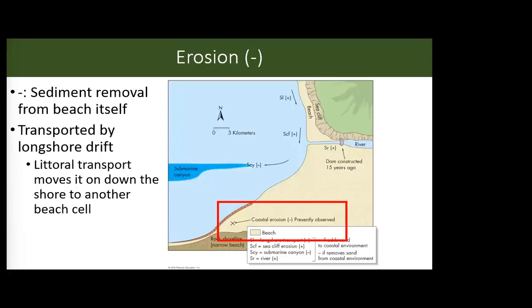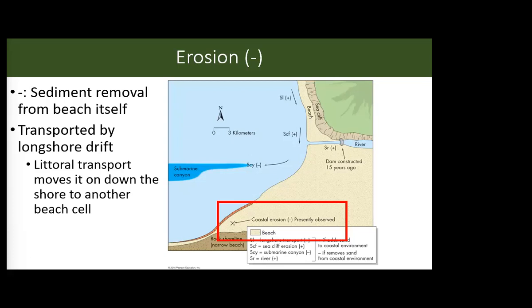Okay, so all of those that we were talking about were inputs. Now we're going to talk about outputs. And really, that's just from sea canyons that we have, those submarine canyons that are underneath the surface of the water. So we get all that stuff transported from longshore drift, from the rivers coming in. All that is deposited on the beach surface.